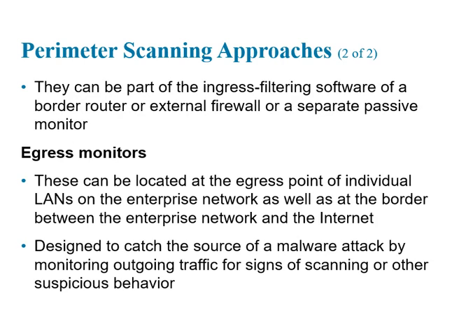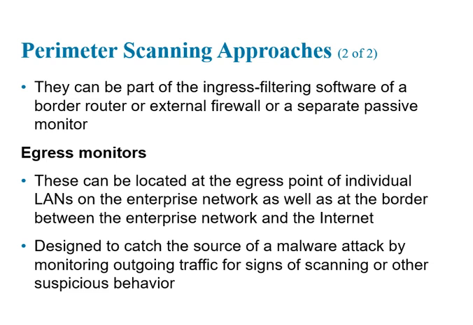So how does it work? It can be part of the ingress filtering software of a border router or external firewall. When you see ingress, you can imagine it can be deployed in the border router or the external firewall. So we can have various or multiple levels of firewall.